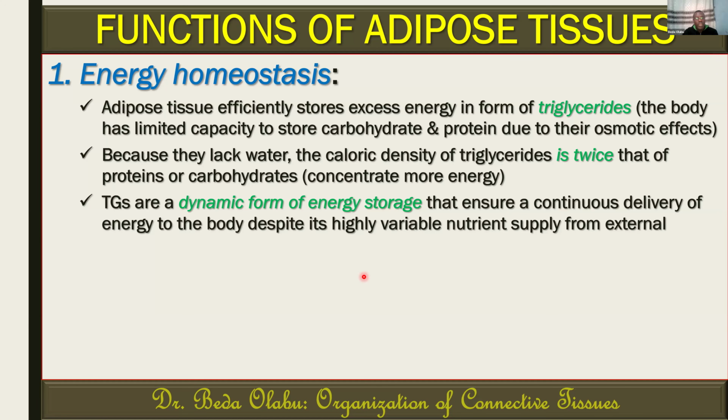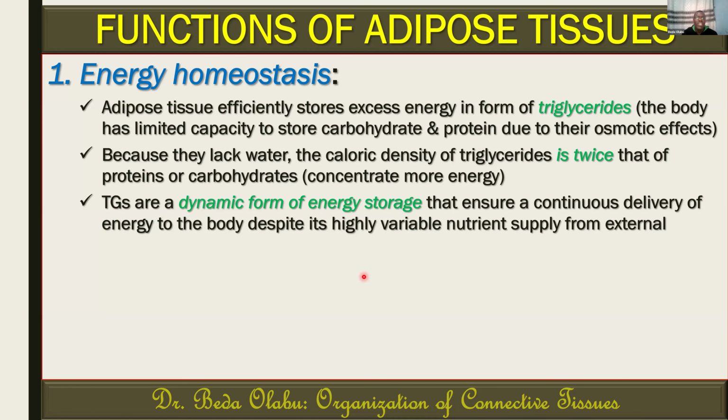They offer a dynamic form of energy storage. This is to mean that it can be converted. When there is excess, we store. When there is need, it is broken down to supply the energy. And understand that our human body may not necessarily have a constant supply of nutrients.